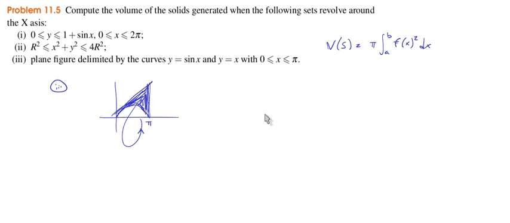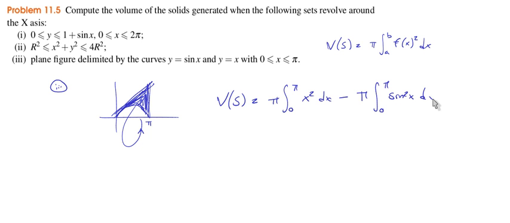And now here we can compute this volume again. This volume will be the volume generated by x, right? Pi times the integral between 0 and pi of x squared, minus the volume generated by the sine squared. Now this is pi times x cubed divided by 3 between pi and 0. And again, the sine squared is 1 minus the cosine of 2x divided by 2.